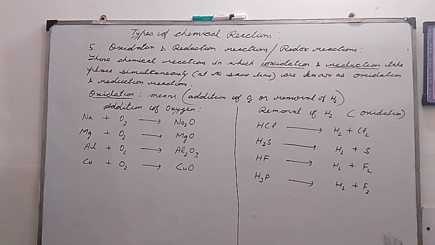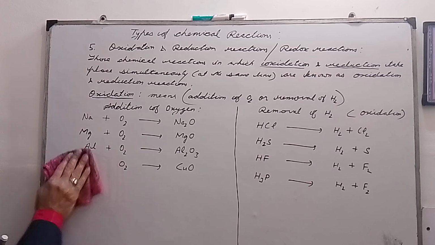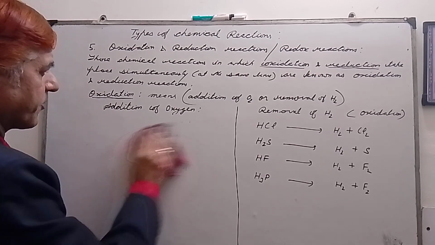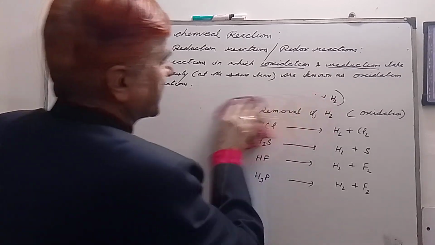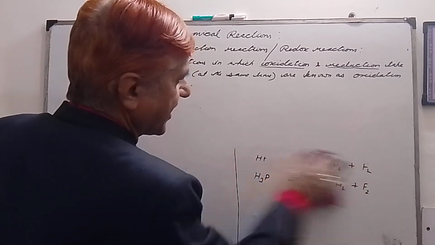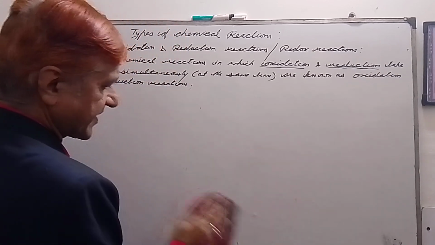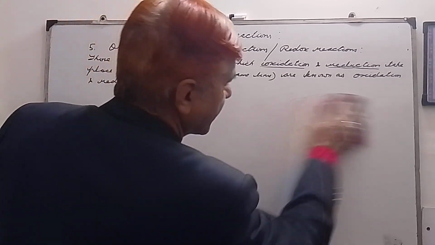Then we have reduction. Reduction is the opposite of oxidation. What is reduction? Addition of hydrogen or removal of oxygen. So let's understand this also through some examples, some chemical reactions.